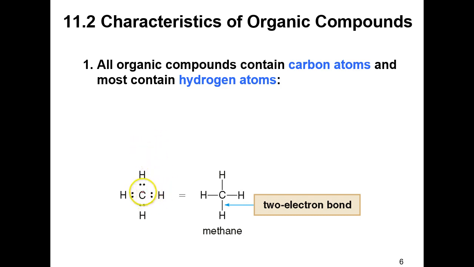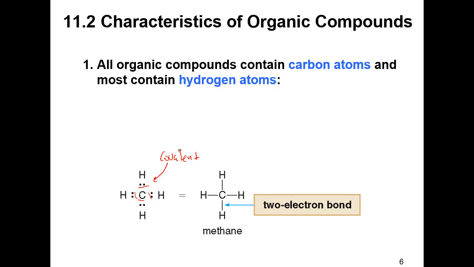But remember, everything has to be an octet. Your carbon has to have 8 electrons around it. It has these 2 here, these 2, these 2, these 2, and these 2 for a total of 8. Since the hydrogen is sharing them, this bond is called a covalent bond, because they are sharing the electrons.